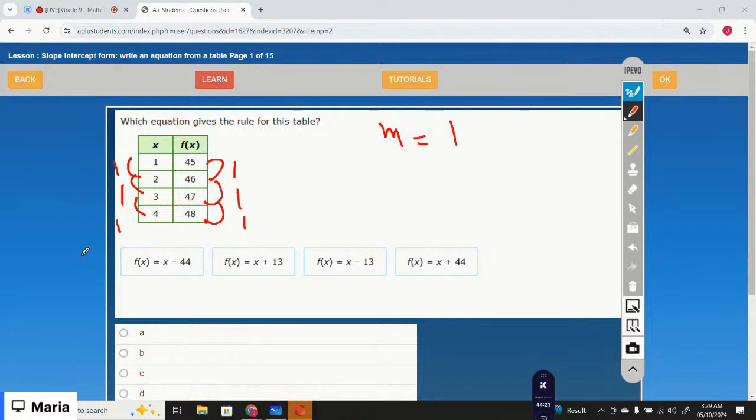Now look at the y-intercept. The y-intercept is the point where the graph is touching the y-axis, right?